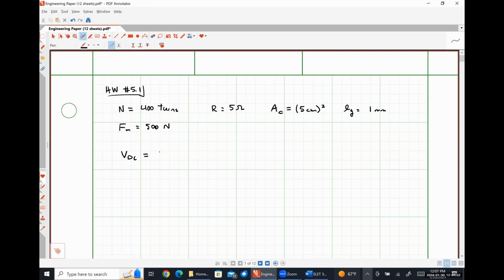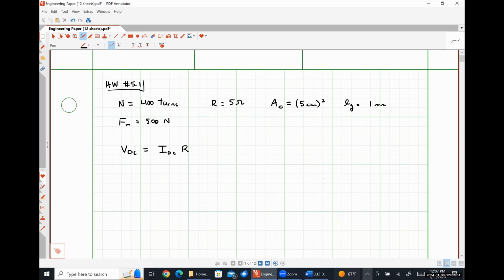So this is just going to be some DC current that we need to solve for times the resistance of our coil, which is given to us to be 5 ohms. So solving for I_DC is the majority of the work in this problem, okay? Now we know that MMF, which is just N times I, and I'm going to label this as I_DC, is equal to magnetic flux times reluctance.